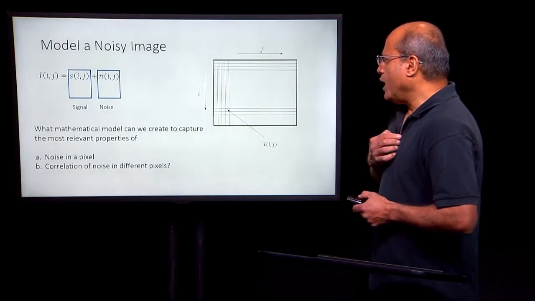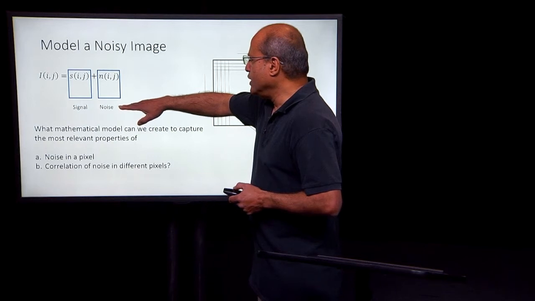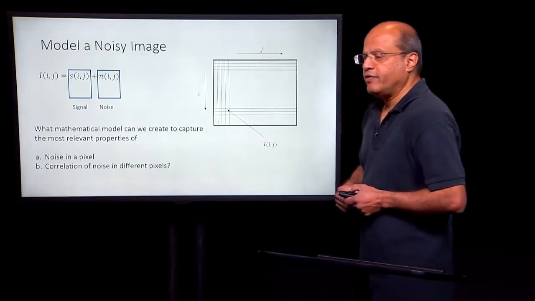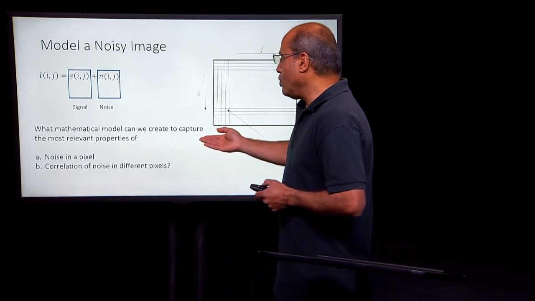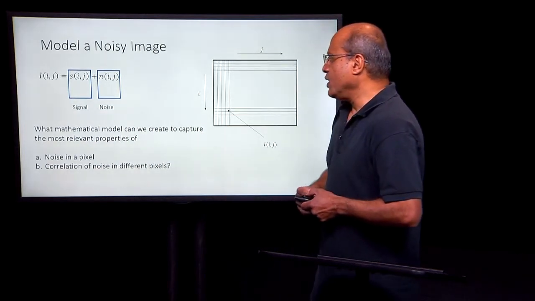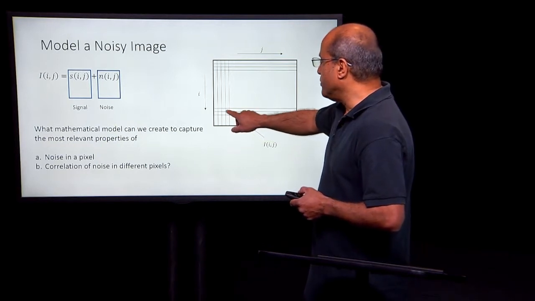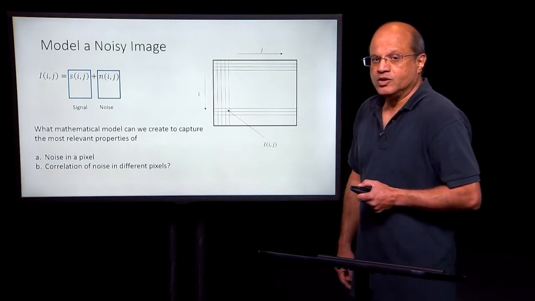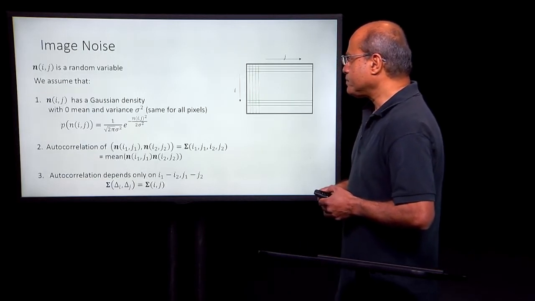What we now want to ask is, if we model this noisy part, the part that changes from experiment to experiment, as a random number, what kind of simple model can we create for it that will capture most of the relevant properties of noise in a single pixel and the correlation of noise in two pixels? So that's the model that we're interested in developing.